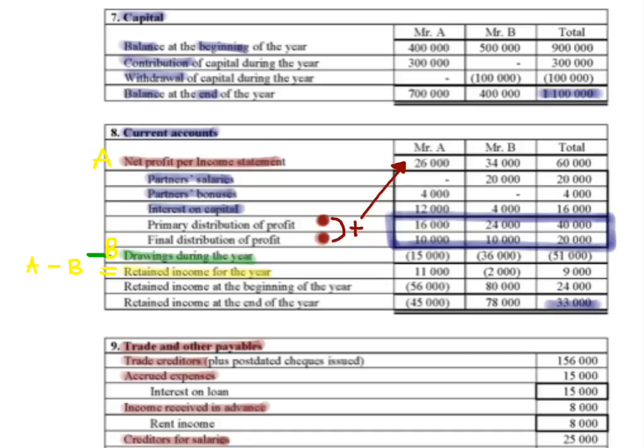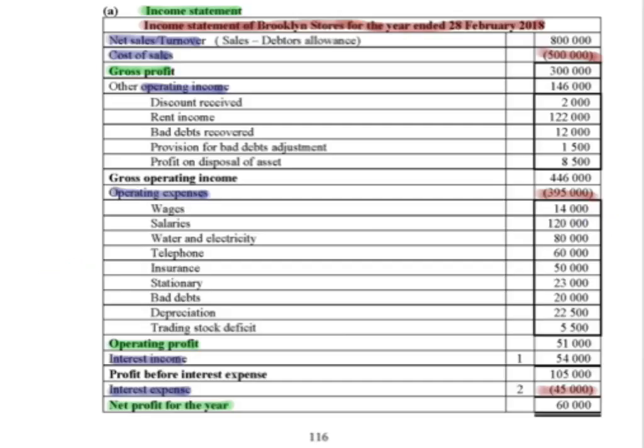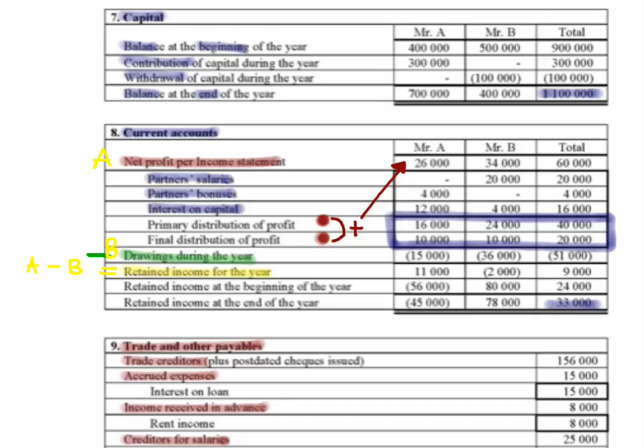So I will start off with my net profit for the year according to the income statement. That 60,000 is the total net profit according to the income statement. The net profit that you saw at the bottom of the income statement is the net profit to be taken to your note 8.